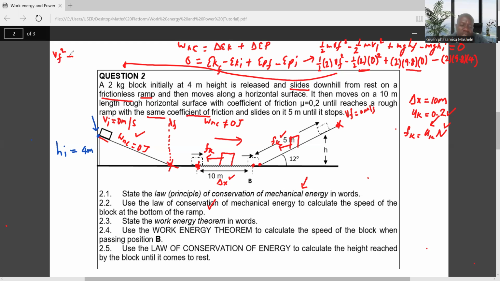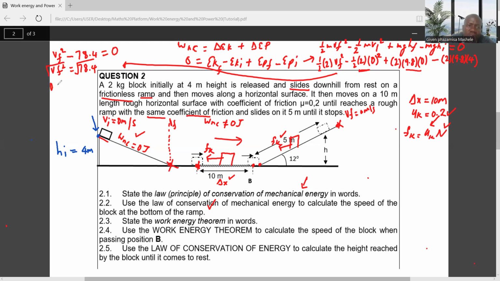I left my calculator in the office. So we have 2 multiplied by 9.8 by 4. So this will be 78.4 equated to 0. So we can transpose that Vf squared is 78.4, square root and square root.